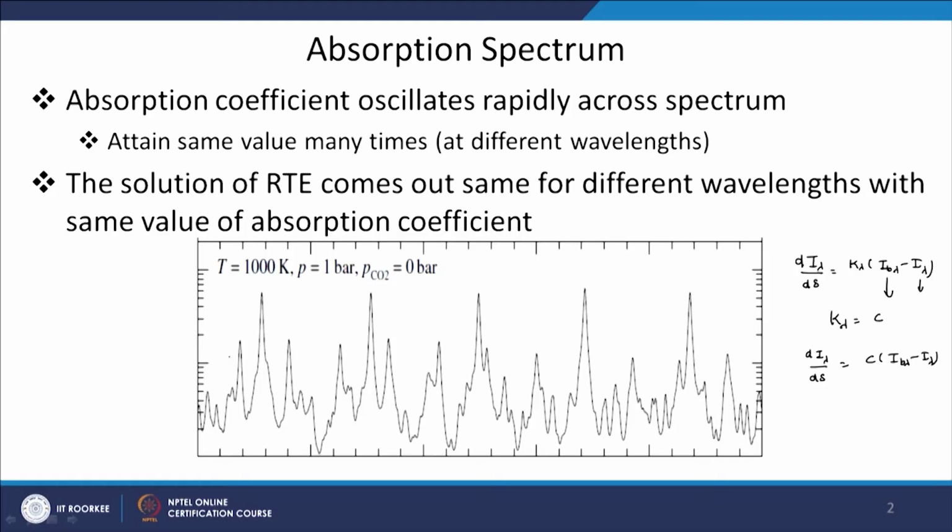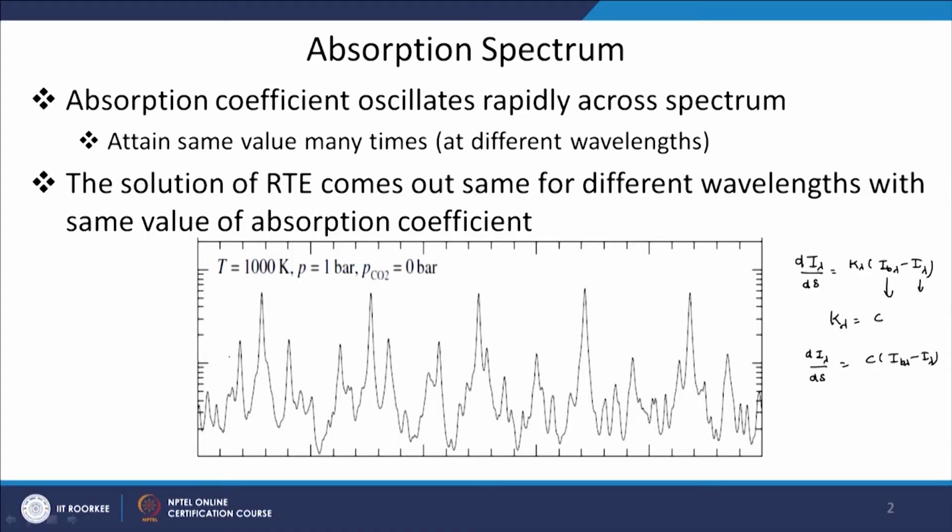So, what we conclude from here is that for all wavelengths where kappa_lambda is the same, let us say kappa_lambda is C, if we replace this in the RTE, dI_lambda by ds is equal to C times (I_B lambda minus I_lambda), then we get the same solution. So, for all wavelengths where kappa_lambda is constant, we get the same solution.